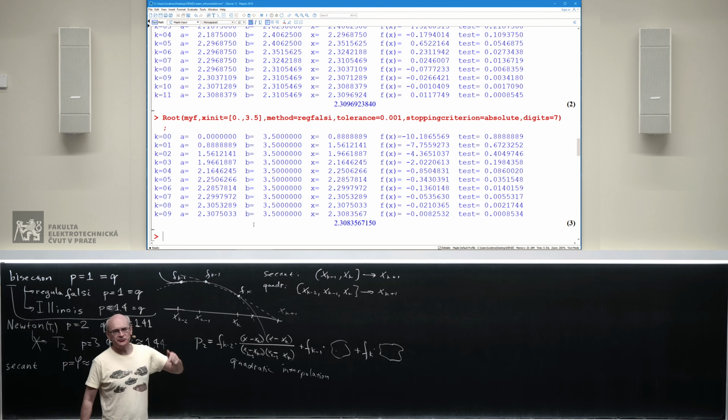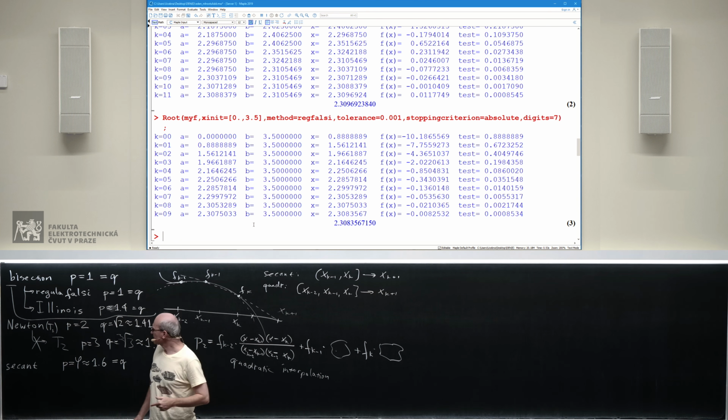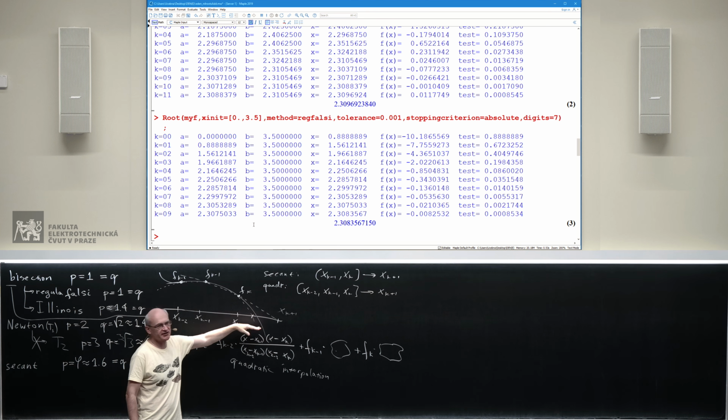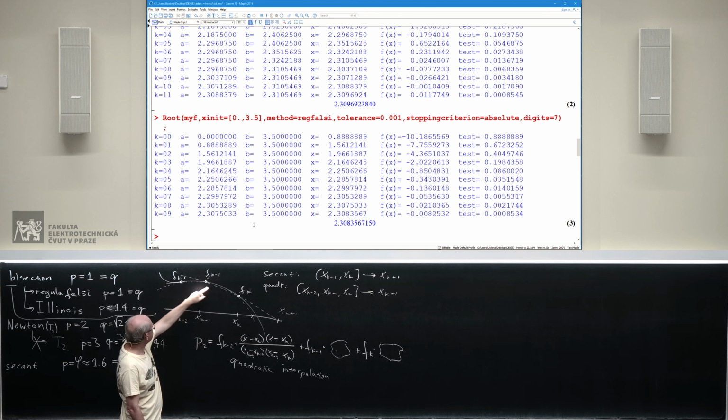The bad news is that we still have the disadvantages that we saw with the Newton method with quadratic Taylor polynomial. So it may easily happen that this quadratic polynomial does not intersect the x-axis anywhere, or it intersects it at 2 positions, and then we don't know which one. And also finding the root is not all that pleasant.